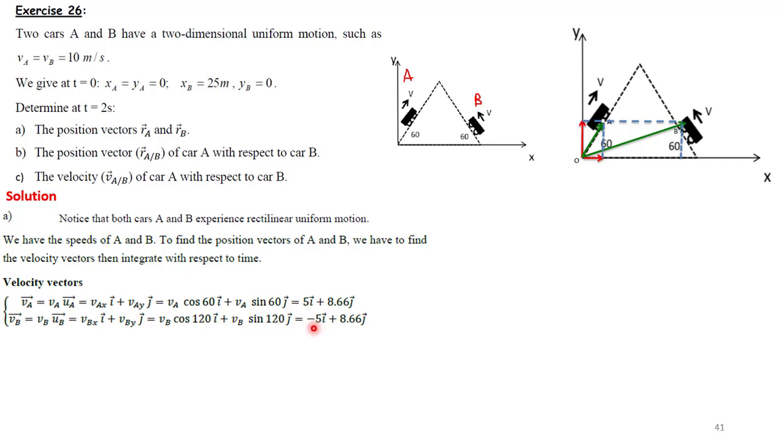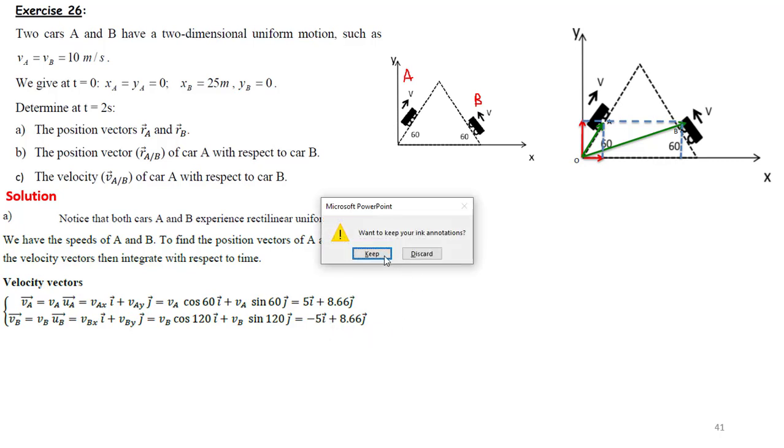This means that VXB is equal to minus 5 along I, and VYB is equal to VB sine 60, or VB sine 120. Therefore VB is equal to minus 5I plus 8.66J.